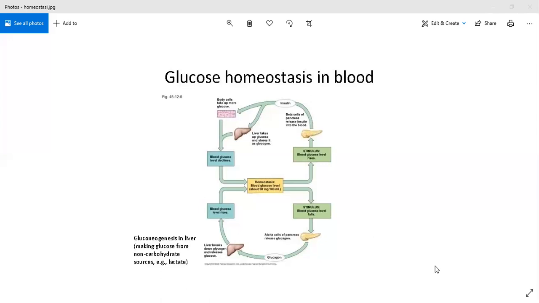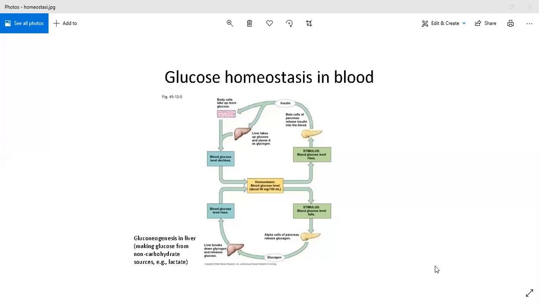Now, quickly today, let's start with glucose homeostasis in the blood. You know that when you eat carbohydrate food and there is digestion of the food, the end product of that carbohydrate digestion is glucose. Even fructose, lactose and galactose are later converted to glucose, which the body uses.